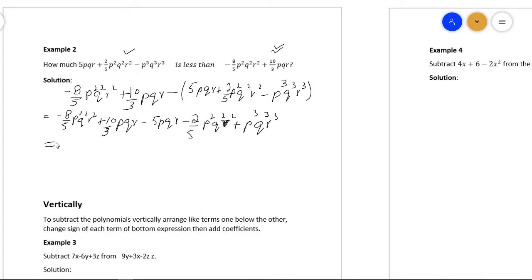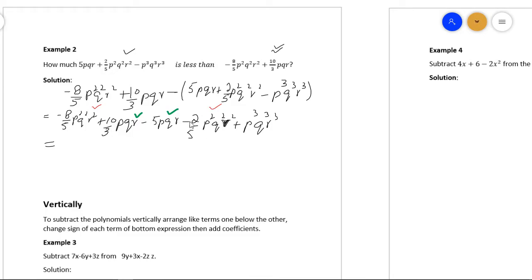Okay, now what we have to do, we have to group the like terms, p square q square r square and p square q square r square, and pqr and pqr.